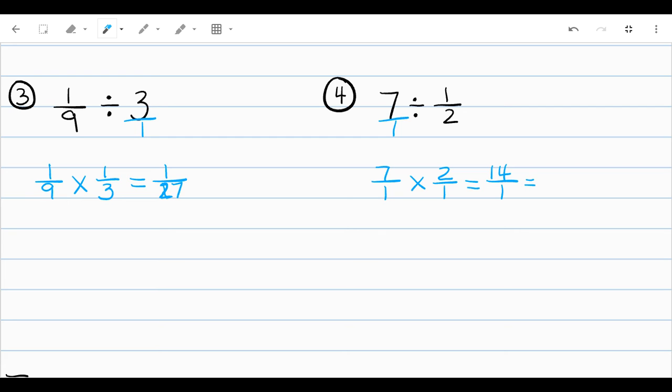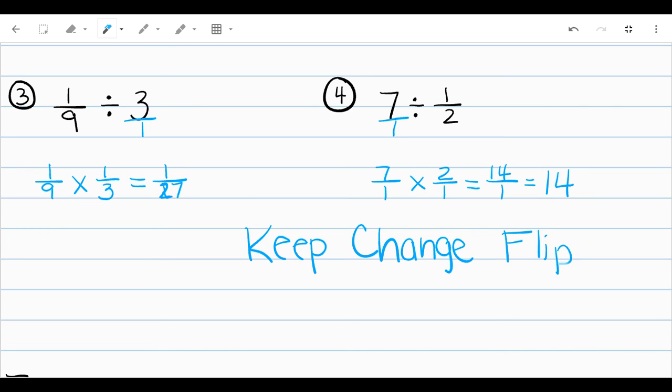Well, 14 divided by 1 is just the whole number 14. Right? So not too confusing. It's pretty straightforward as long as we remember to keep the first fraction, we change our division to multiplication, and then we flip our second number so that we're using the reciprocal.